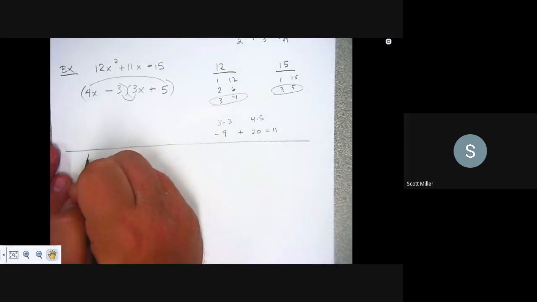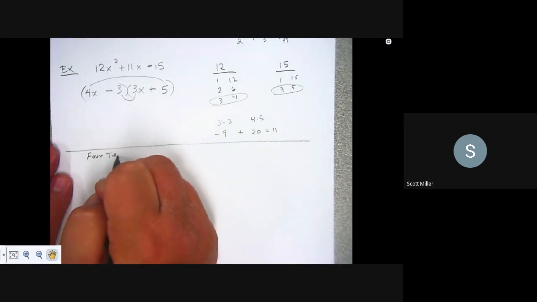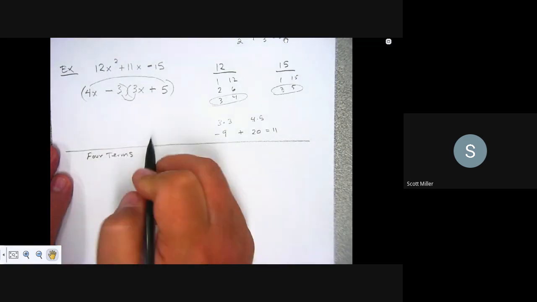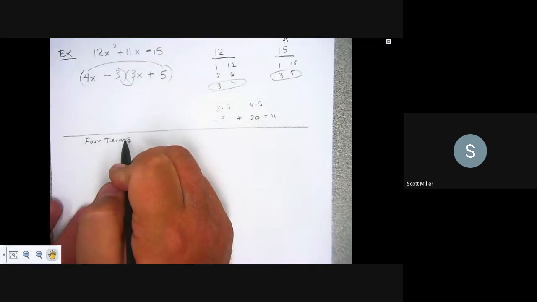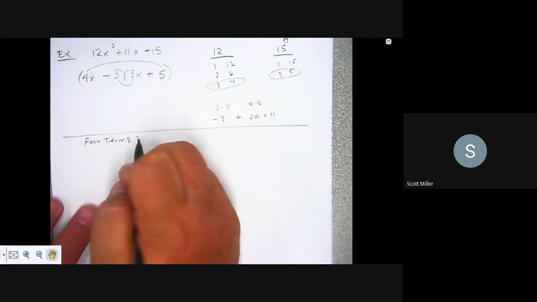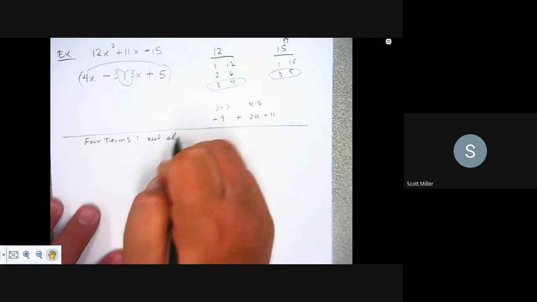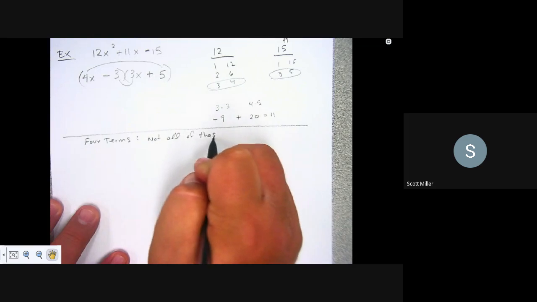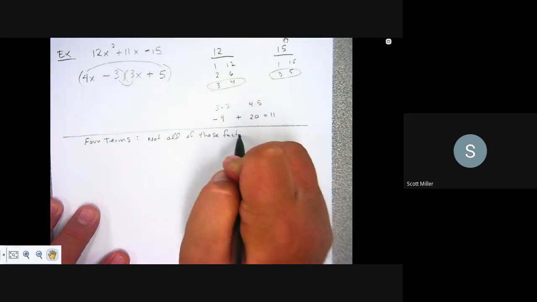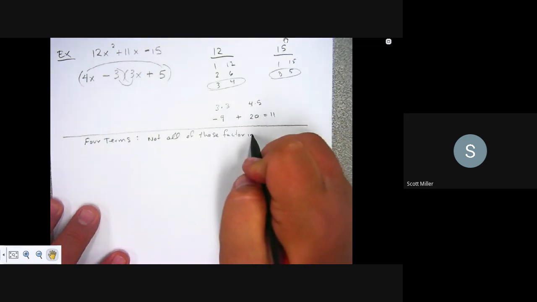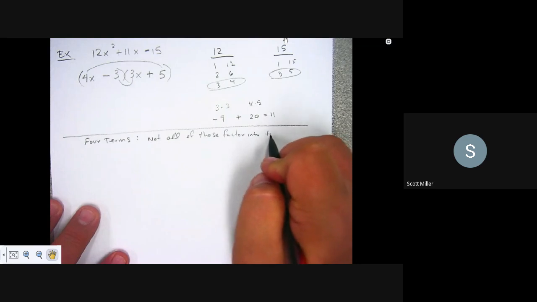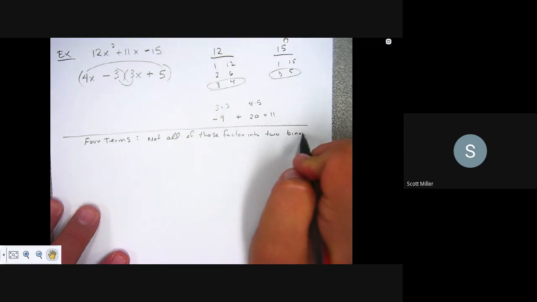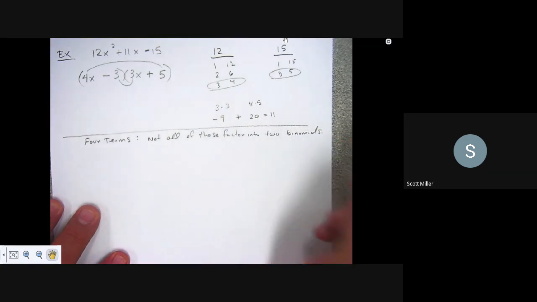Last one is for 4 terms. Not all of these factor into 2 binomials. Okay?